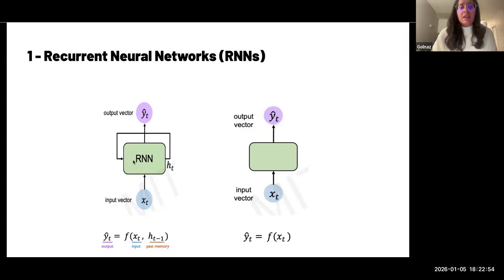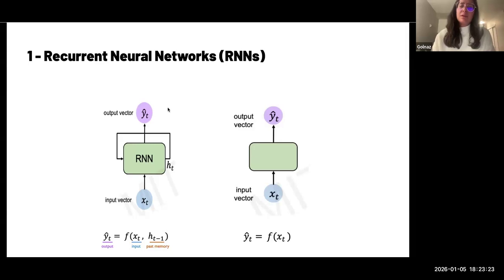The idea of the RNN is that the result is also going to depend on the previous history, the past memory. So you have the input vector, but you also have the output from the previous step as your input. Based on these two pieces of information, you calculate your output.